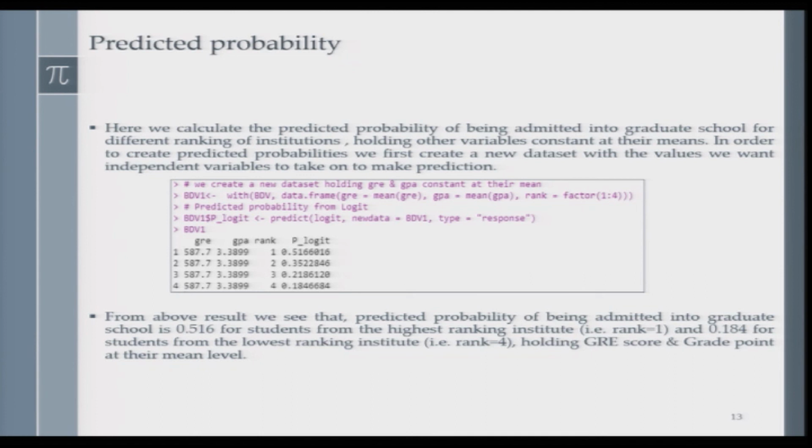The estimated logistic regression then offers me an estimated probability for these values of the explanatory variables, and the calculated number is 0.5166. Similarly you can change the value of rank from 1 to 2, 2 to 3, 3 to 4, and you can generate the probability scores.